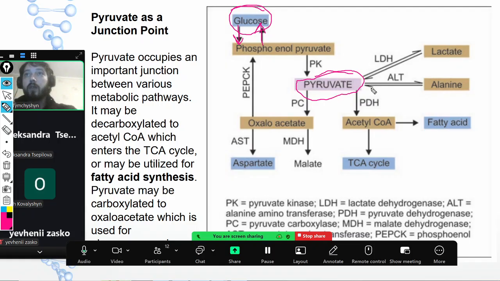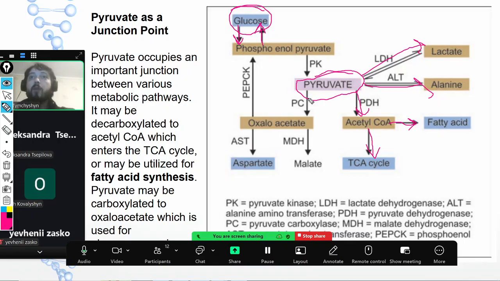So here is the pyruvate. In anaerobic conditions we can get to lactate. We can get to alanine, or we can go here, transform that into acetyl-CoA. That's in case of aerobic conditions, and use that acetyl-CoA either to get energy through the TCA cycle, that's the Krebs cycle, or we can store that in the form of fatty acids and synthesize some sort of fat.